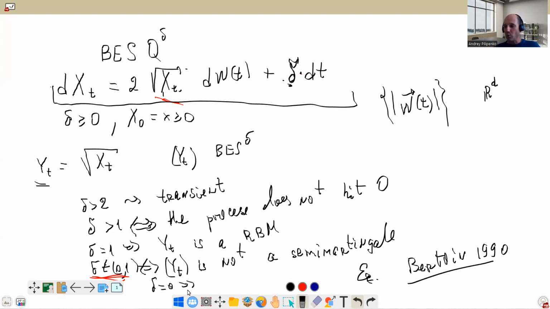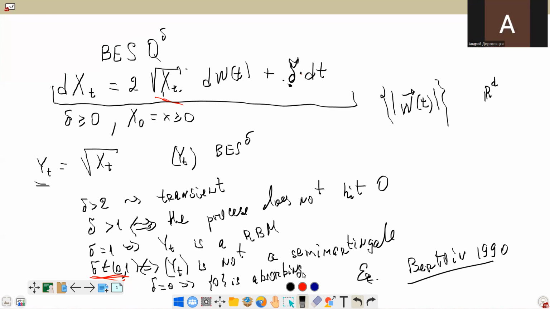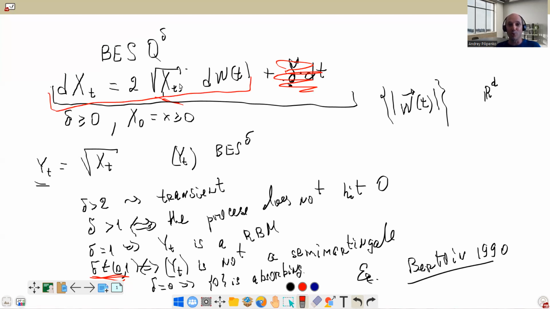So 0 is an absorbing point. The process hits 0 with probability 1 and then stays at 0 forever. And actually, if delta is 0, then 0 is a solution to this equation with 0 initial condition.